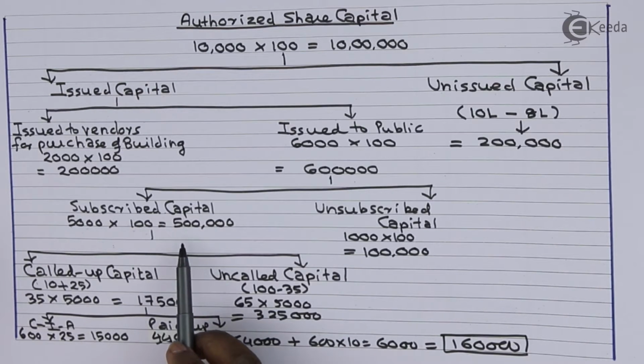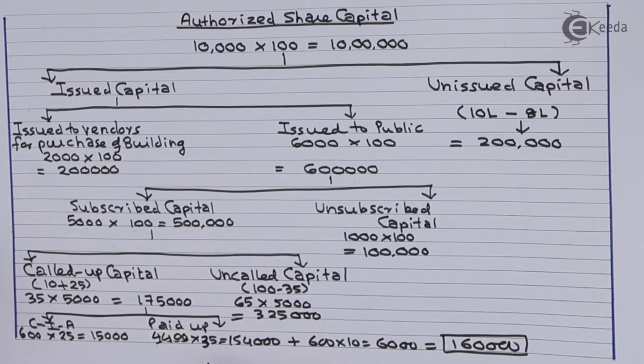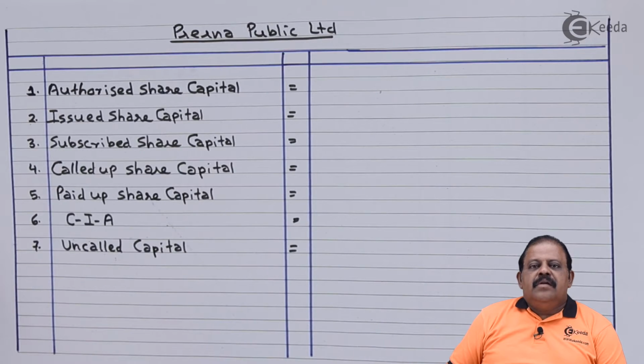In case of subscribed capital, called up capital, uncalled capital. In case of called up capital, calls in arrears and paid up capital. In such type of question, when journal entries are not asked, we are required to show values of various kinds of capital.